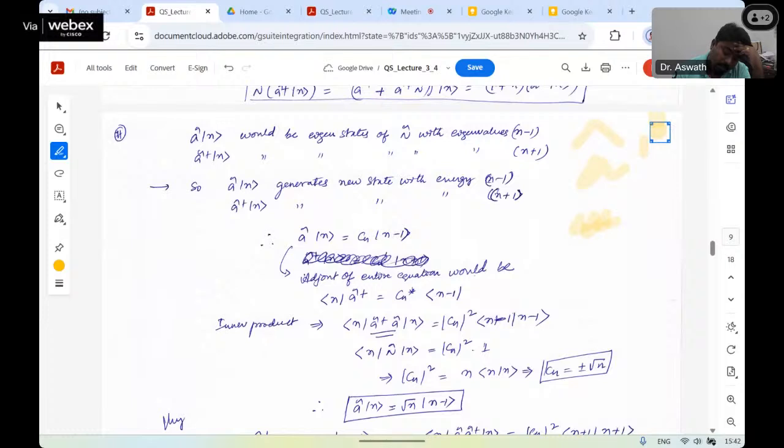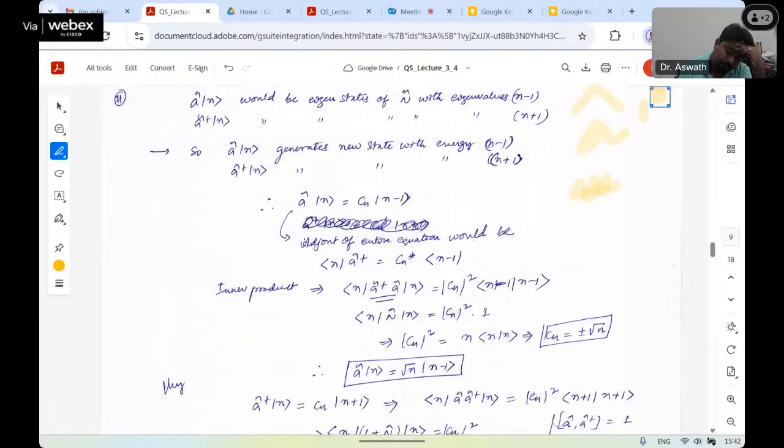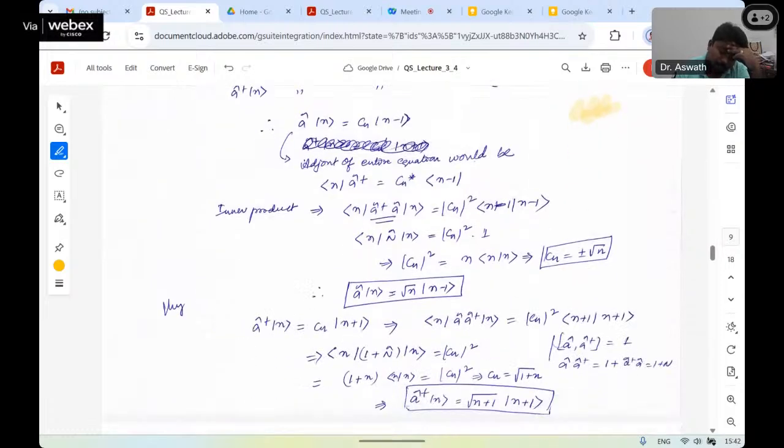When A acts on n, it reduces it to the n minus 1 state, with some constant Cn. If I take the inner product of the left-hand side with itself and the right-hand side with itself, I get the number operator inside, and Cn can be found to be the square root of n.